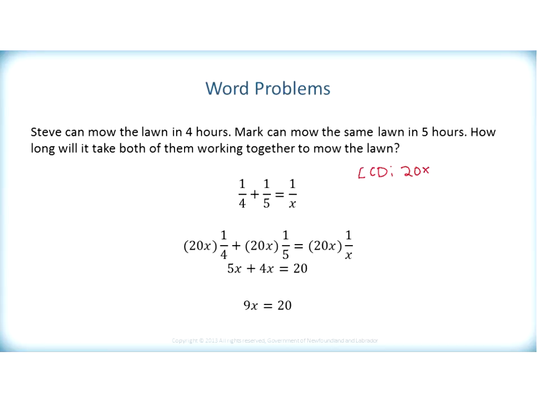And so we multiply each term by the lowest common denominator. When we multiply 20x by 1/4, we can cancel the common factor of 4, be left with 5x times 1, giving us 5x.